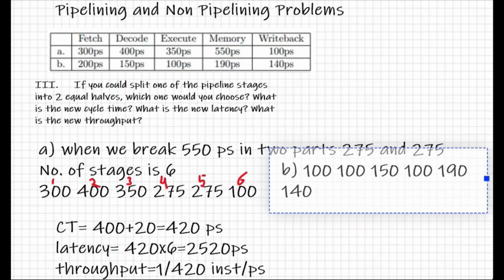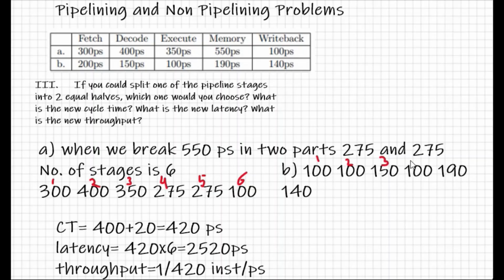Okay, so if you talk about the number of stages, it will become 1, 2, 3, 4, 5, and this is your 6th stage. Okay, so you will have the 6 stages.